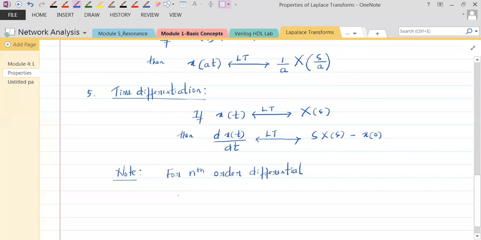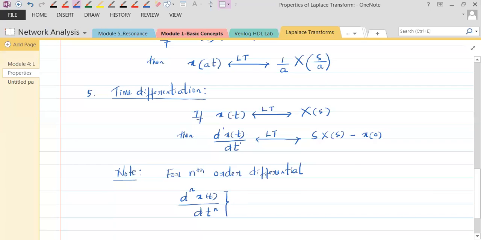Here it is first order because you have a power of 1. How does the second order differential look? It looks like d to the power n x of t divided by dt power n.